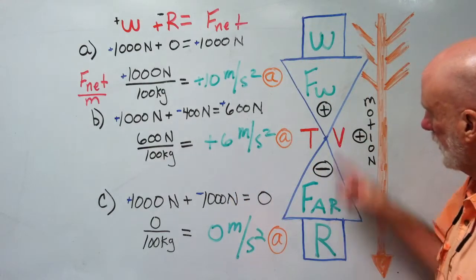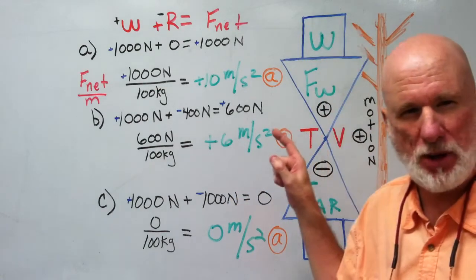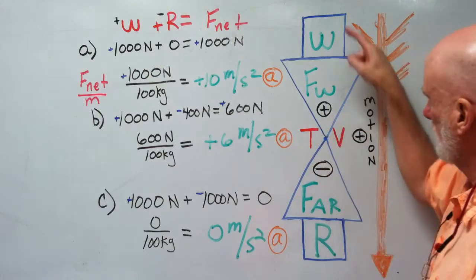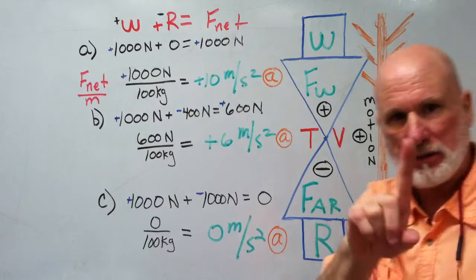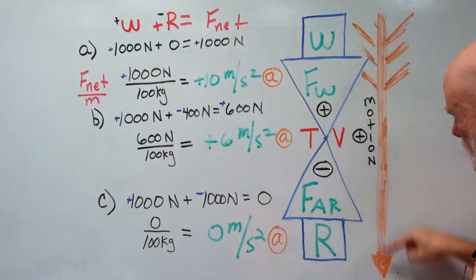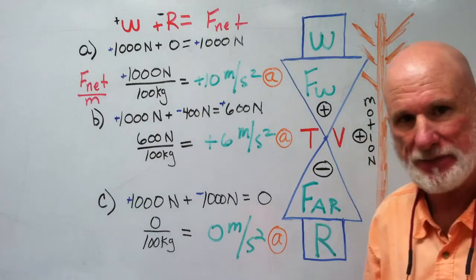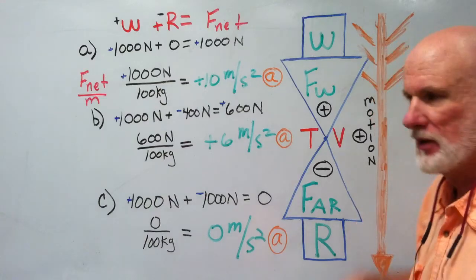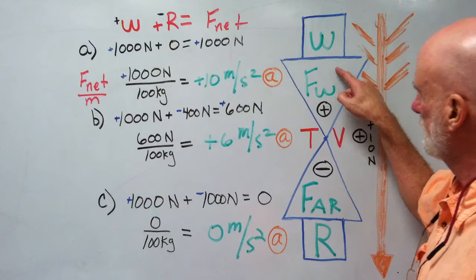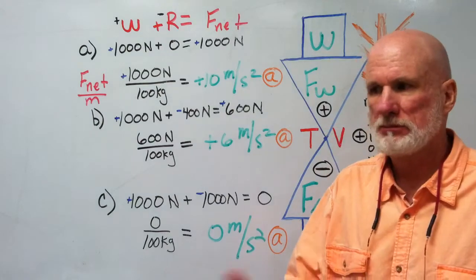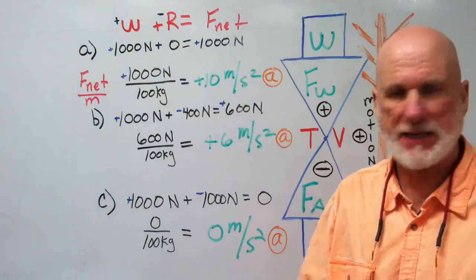Here I have weight. The book calls it W, okay? And that's downward force. Now, remember, the direction of the motion is positive. Falling, down, positive. The weight, that's the force, positive.